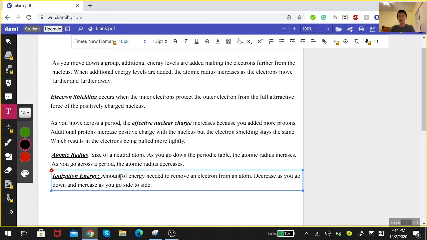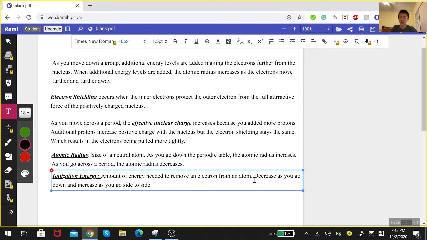If you have a very tightly packed atom, it has a greater effective nuclear charge, which results in a smaller atomic radius. It's much more difficult to pull an electron away from an atom that has a strong nuclear charge, which is why the ionization energy for that atom will also be greater.